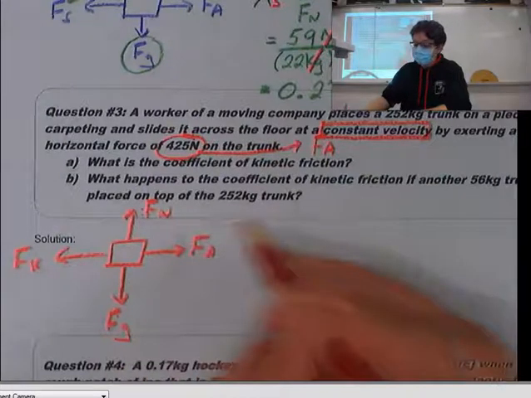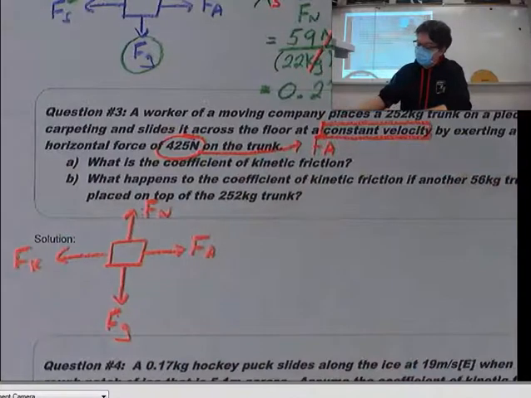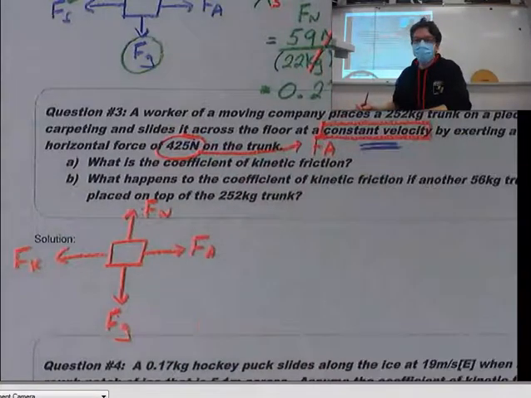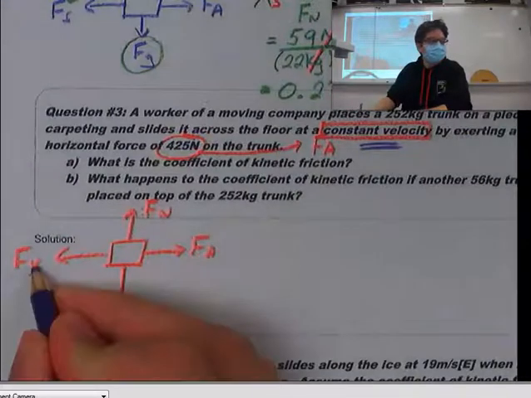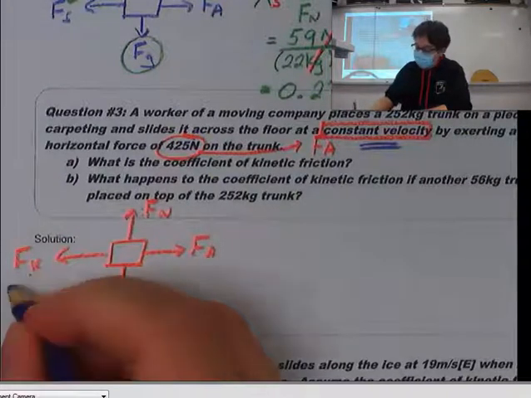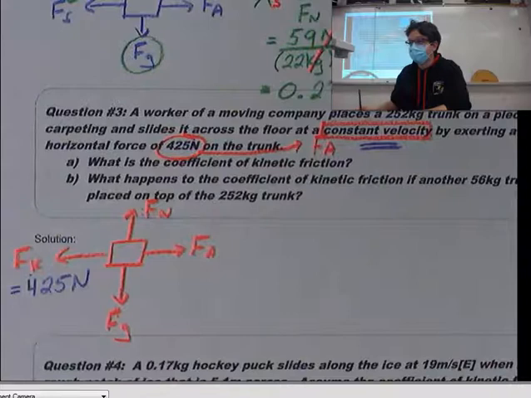So even though they directly say the applied force is 425 newtons, because they're saying it's moving at a constant velocity, we know that these forces must be balanced. So the kinetic friction must also be 425 newtons, just in the opposite direction.